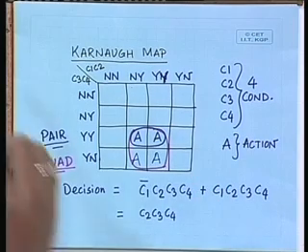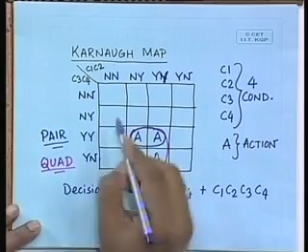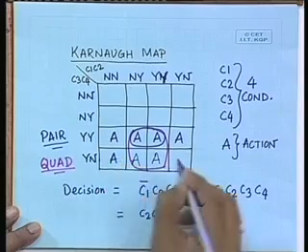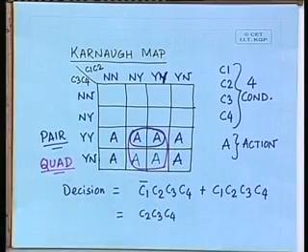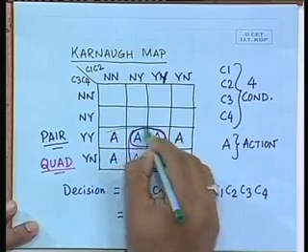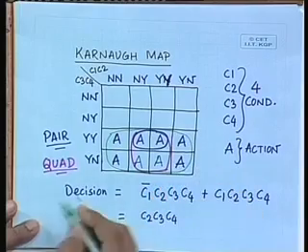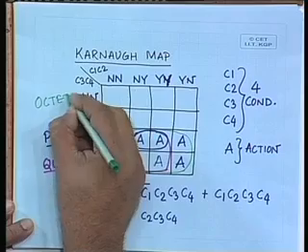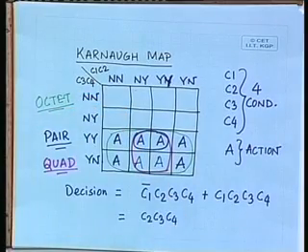Then let us go even further. Let us say we have 4 more A's, and all these together form what is known as an octet. So, we have 8 A's and it has formed an octet.